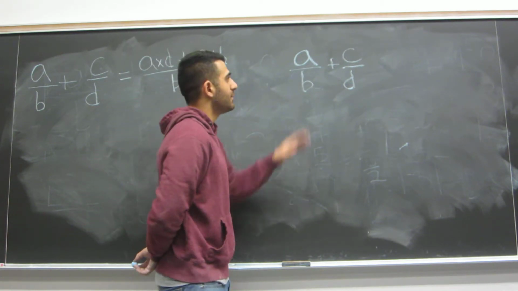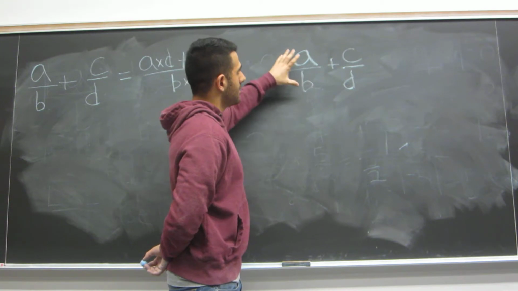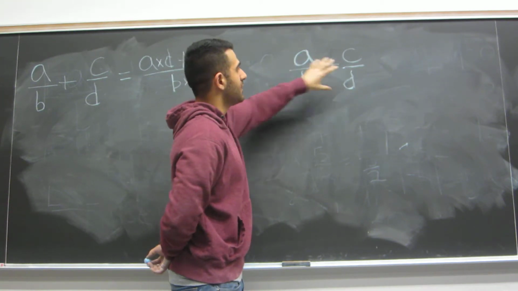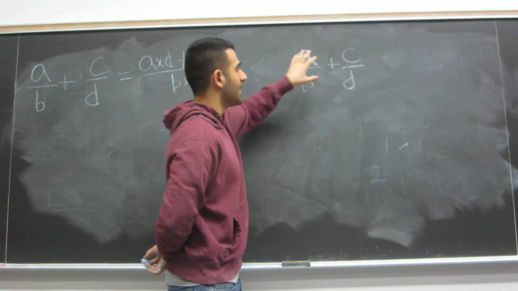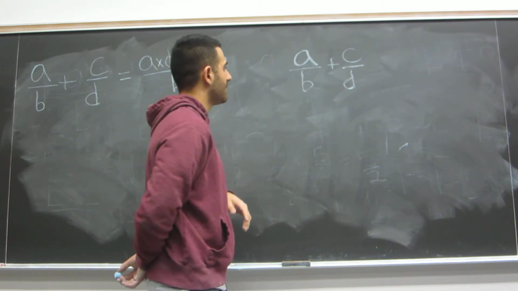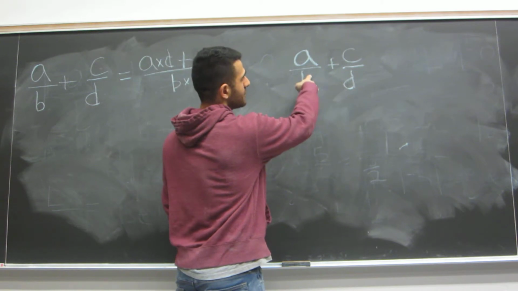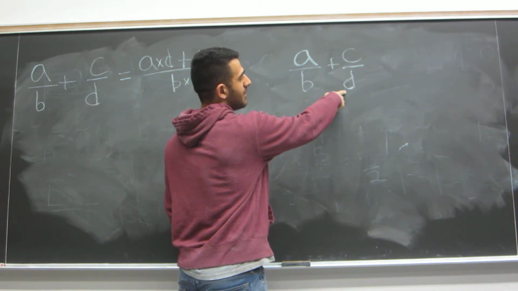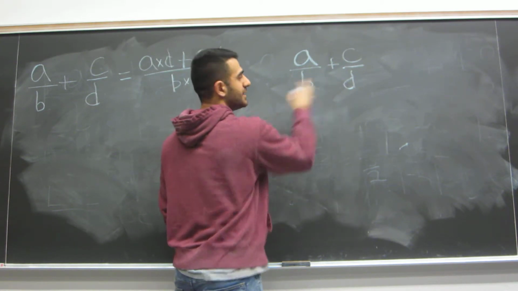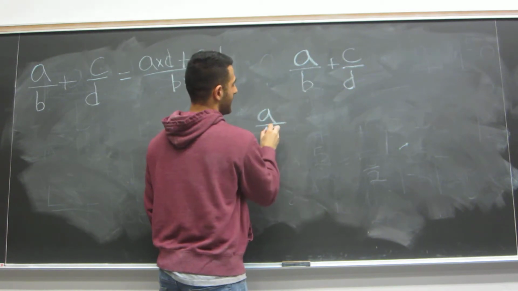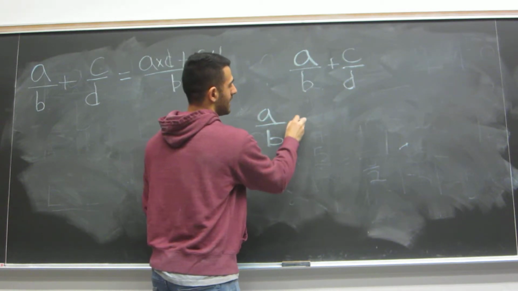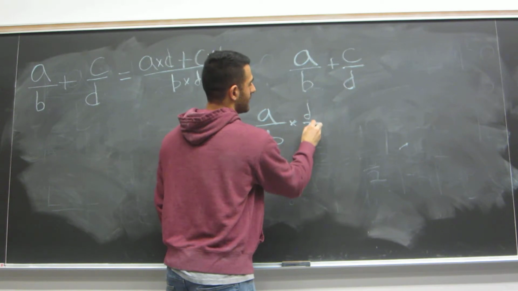So we know if we multiply 1 times any one of these rational numbers, or you can think of them as fractions, it doesn't change the result, right? Well, what if we did this? What if we had a over b times d over d?